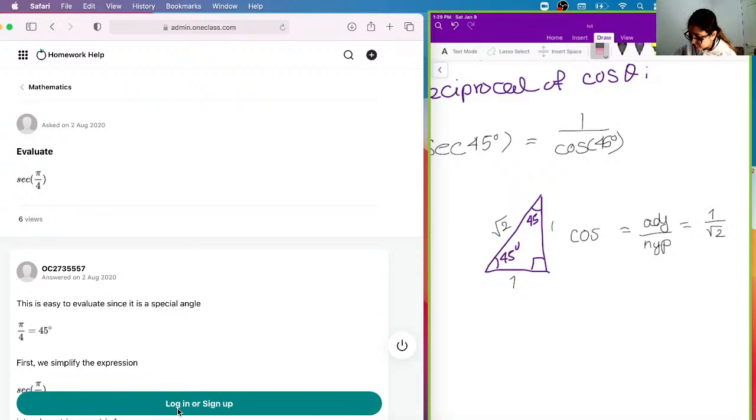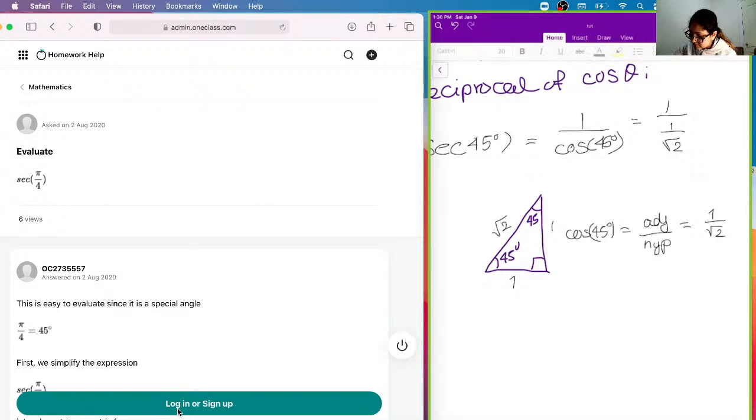So cos of 45 degrees is 1 over square root of 2. So we can now express this over here by saying 1 over 1 over square root of 2.